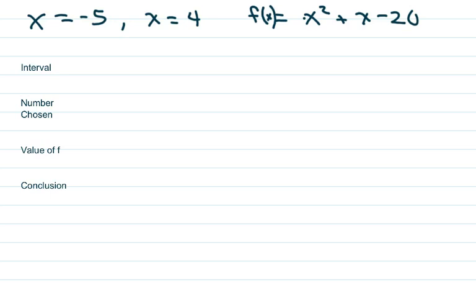So, I'll write it again, x equals negative 5 and x equals 4 are the zeros of f, and f ends up being x squared plus x minus 20. You can go ahead and put f of x if you want. And we want this to be negative.